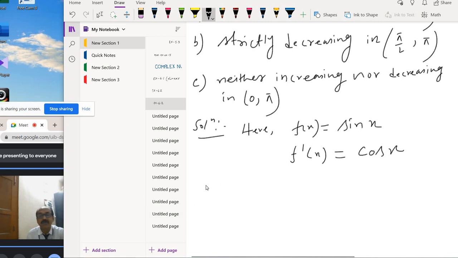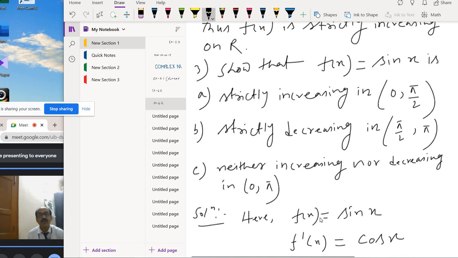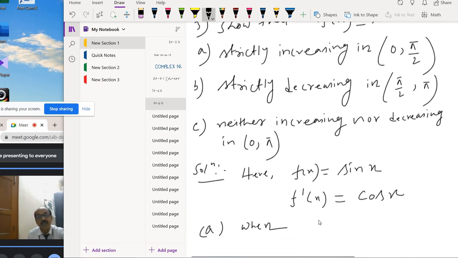First one, when the interval is 0, pi by 2. So x belongs to 0 comma pi by 2.